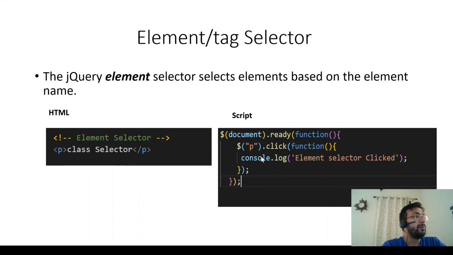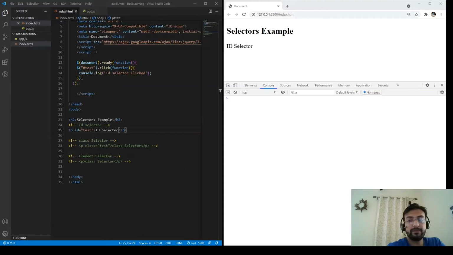Other than that everything is the same, so I'm just writing on the console element selector click. So this is how we can use the element selector. These are the important selectors, and interviewers generally want you to have this understanding with respect to jQuery and be able to answer that.